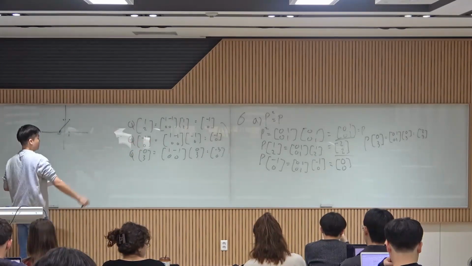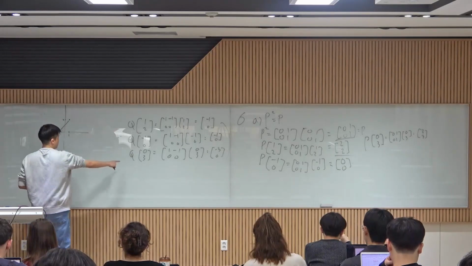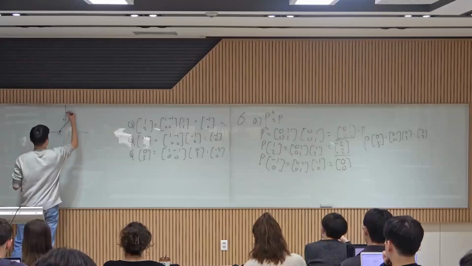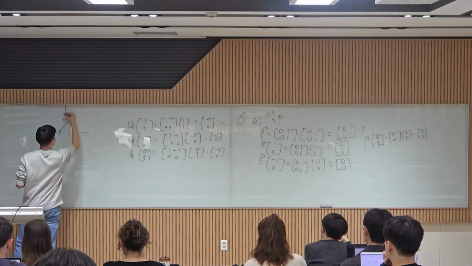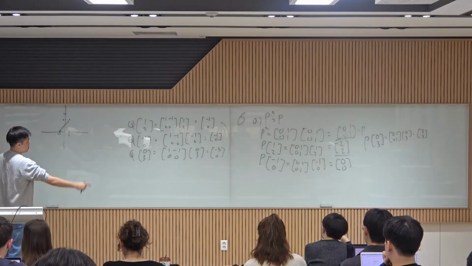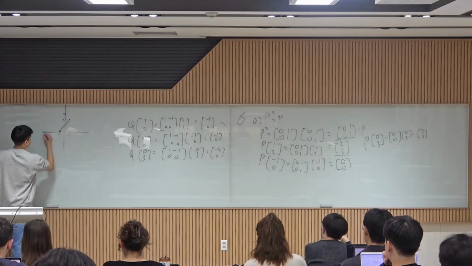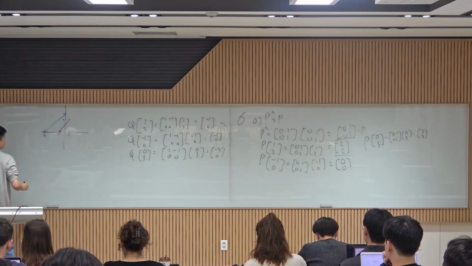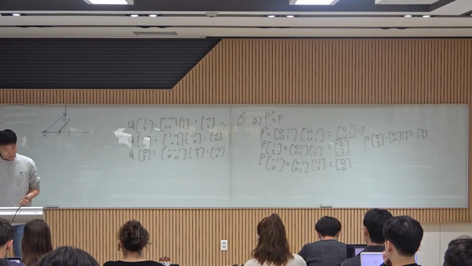Does not change anything. And the last one, (0, 3). So this point, 3 here, goes onto (-3, 0), okay? Like this, okay? So this is the end of problem 6.